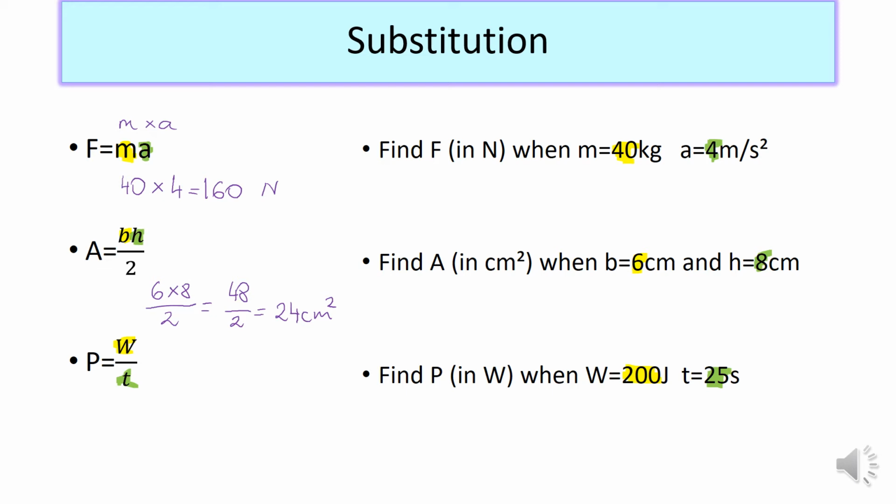So I've got 200 over 25. Remember that 200 needs to be divided by 25, because that's what over means. When you have it as a fraction, that means we need to divide. And that is 8. And that's it.